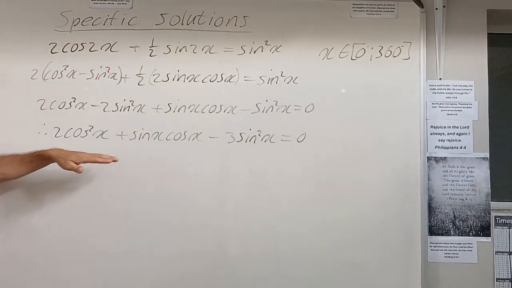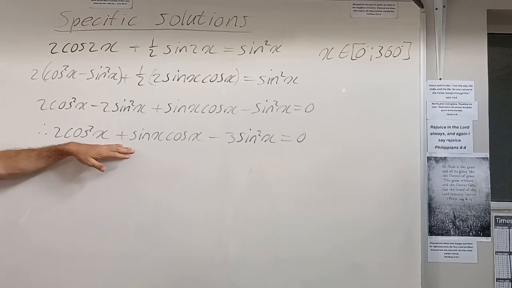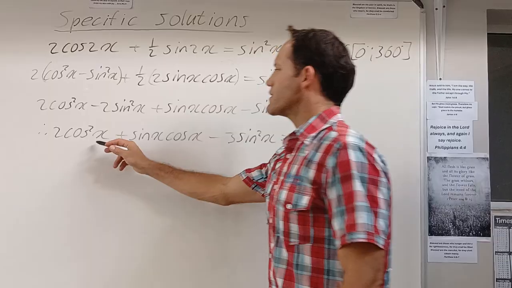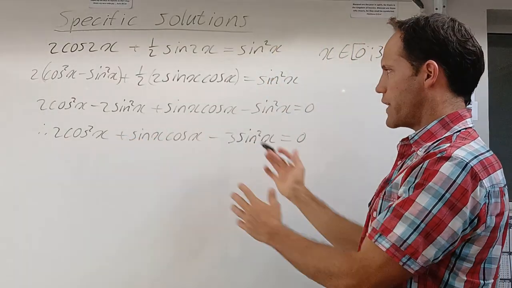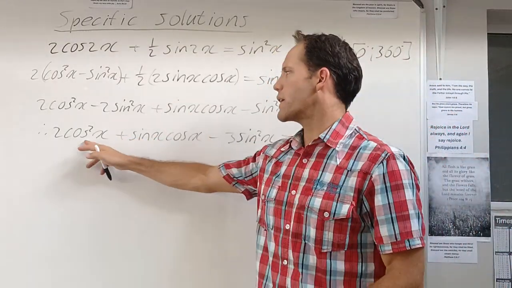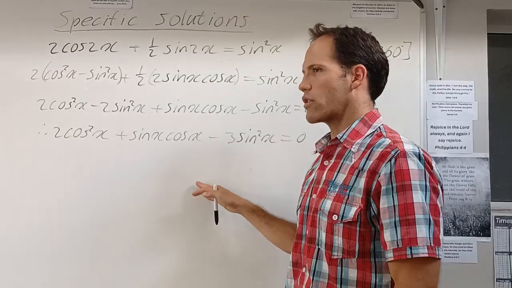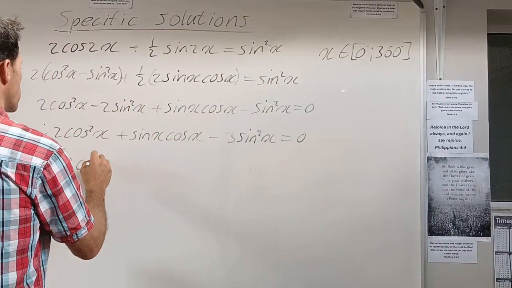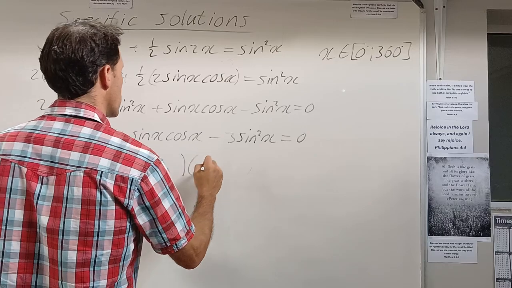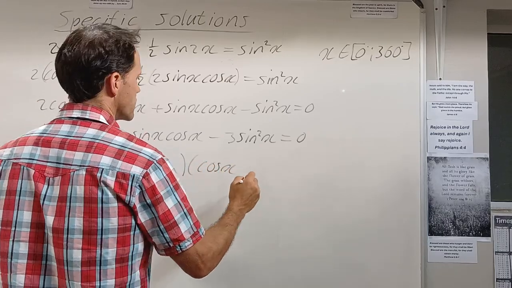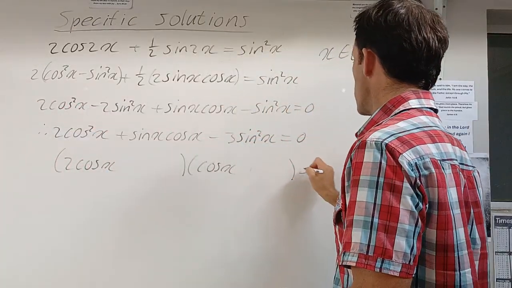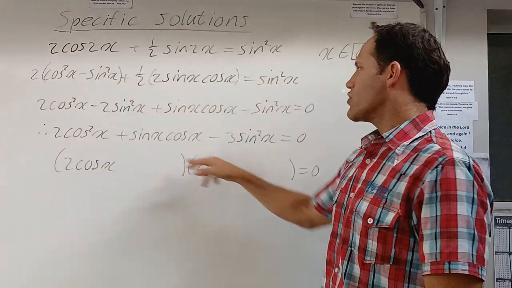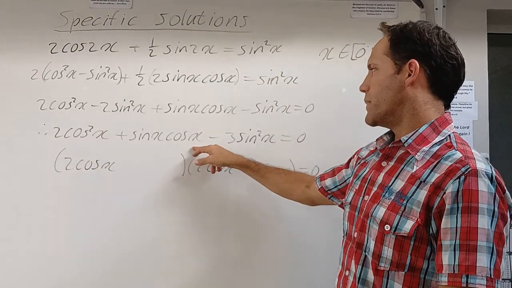Okay, so now let's see. If it's a trinomial, then obviously it means we can use the 2 brackets. The 2 cos square x can only be 2 cos x and 1 cos x. So we can say 2 cos x, 1 cos x, which gives you 2 cos square x, and now we need to get to plus sin x cos x in the middle.